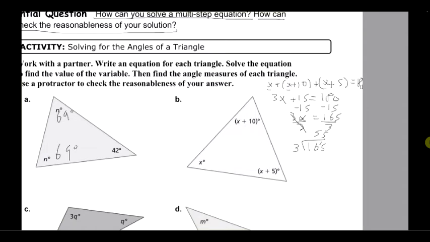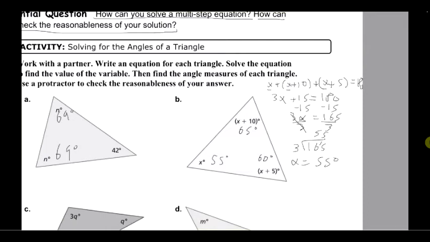So it looks like x equals 55 degrees. Now let's plug that back in to find out what each angle measure is. 55. x plus 10 would be 65 degrees, and x plus 5 would be 60 degrees.